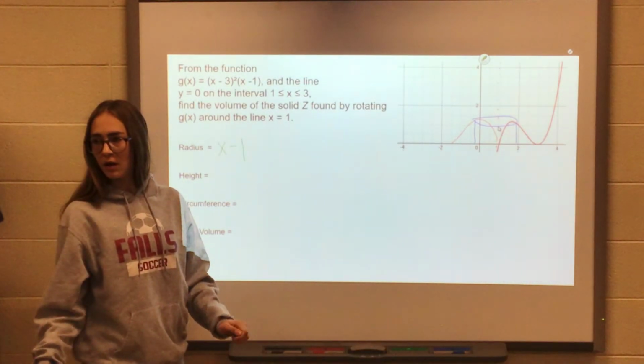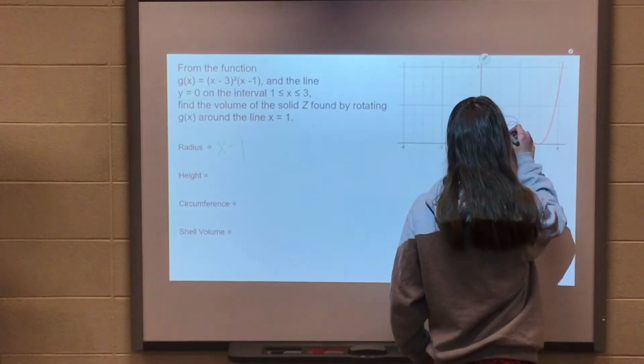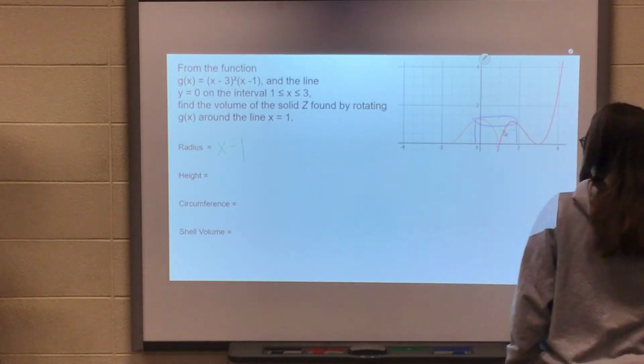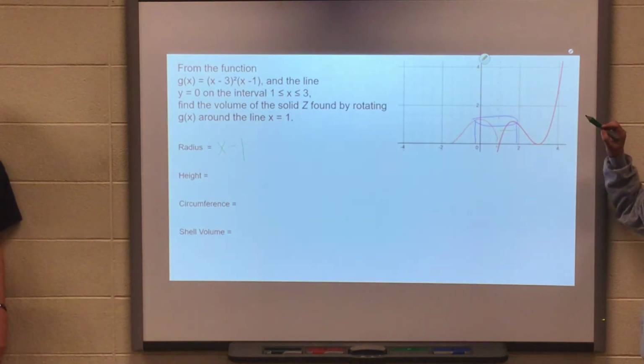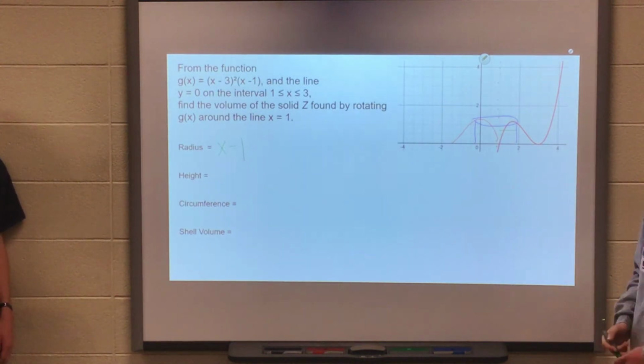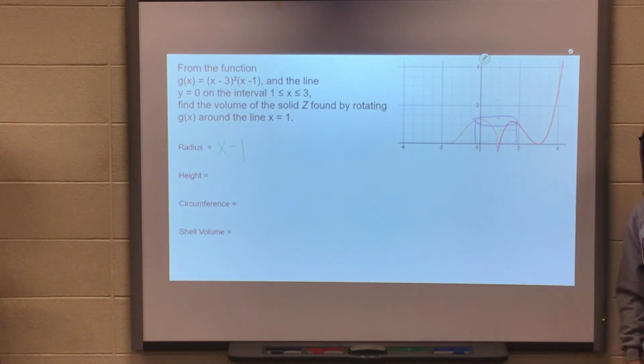Lauren, could you maybe start right in here and draw a radius? Yeah. It starts here and goes out to your blue line. Yeah. There's a nice radius. And we gotta figure out how far that is. So we have to make sure that we get it back to 0. Since we're going around the x equals 1 line, we have to get rid of that so we can just get the plain x radius.